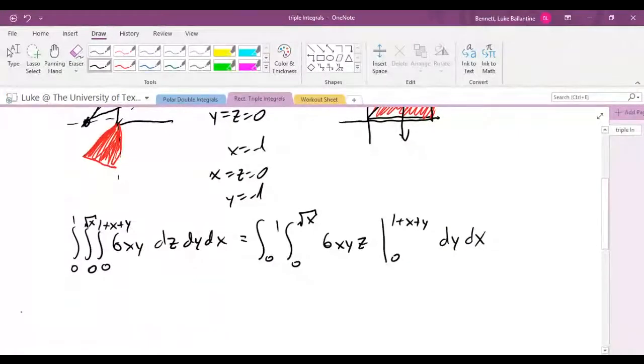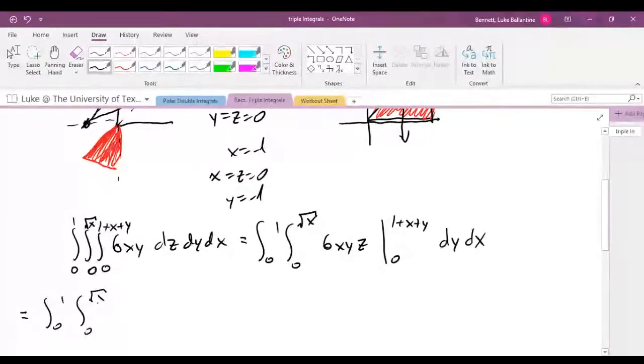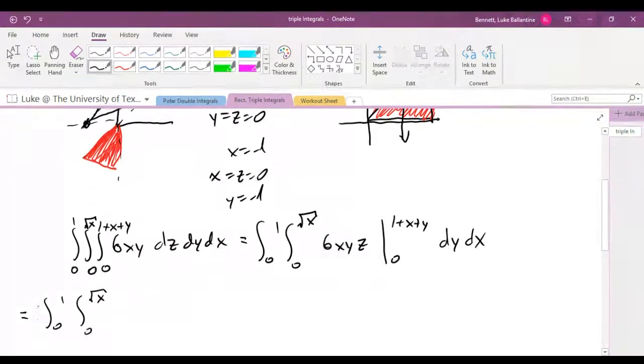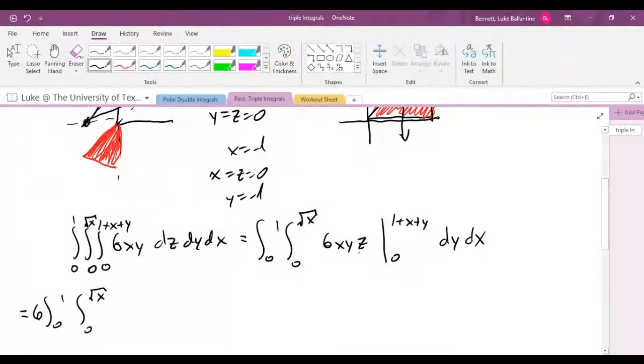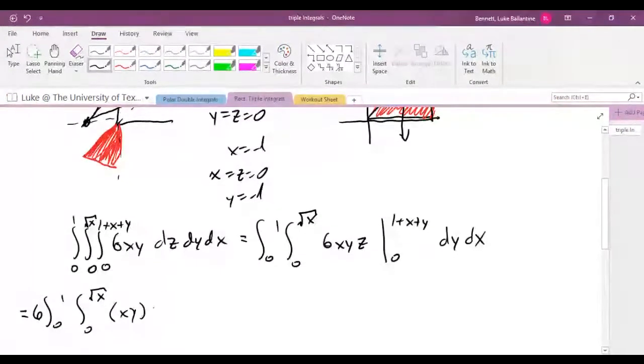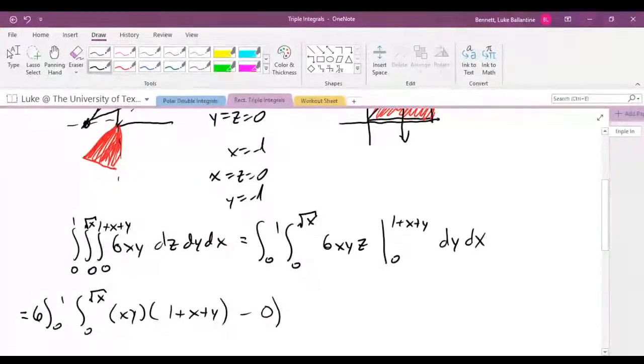So this is equal to the integral from 0 to 1, 0 to root x, of 6xy, well, 6 will come out. So we have xy times 1 plus x plus y, minus 0, dy dx.